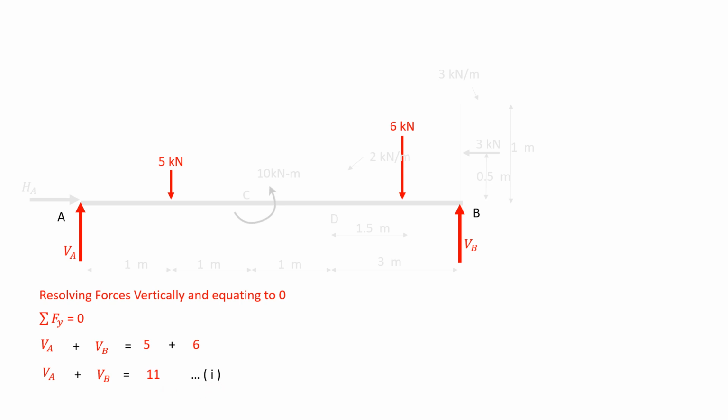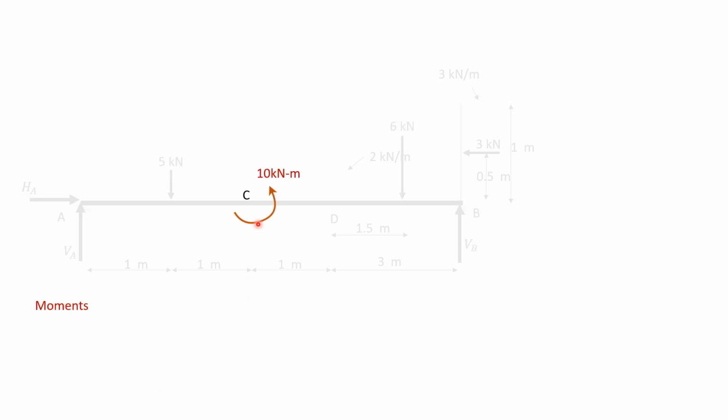Say it as equation 1. This moment will have its value of minus 10 kilonewton meter at any point. At C also it will have 10 kilonewton meter, and anywhere it will have the same magnitude.